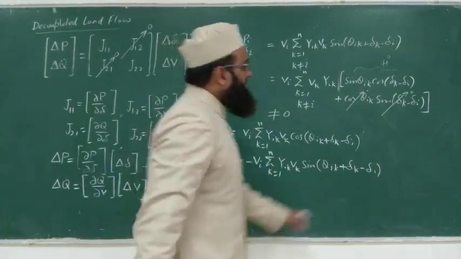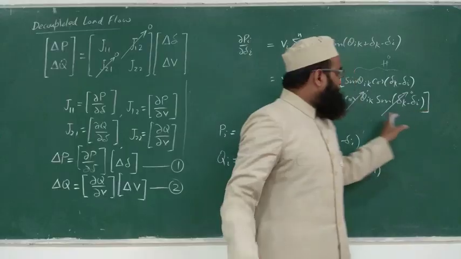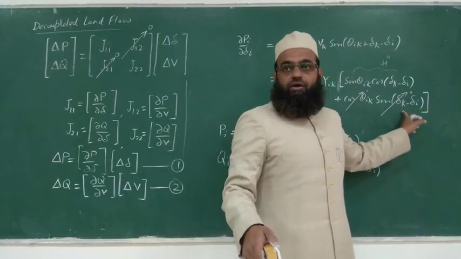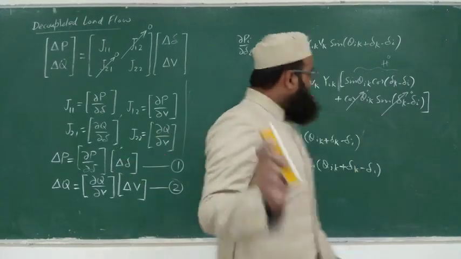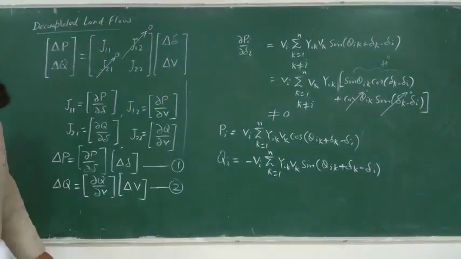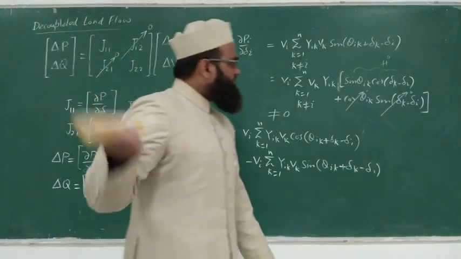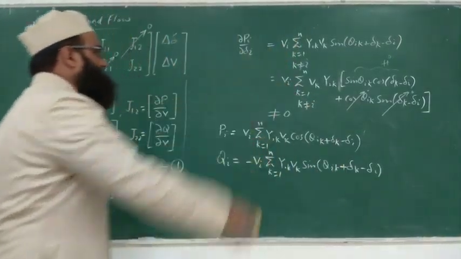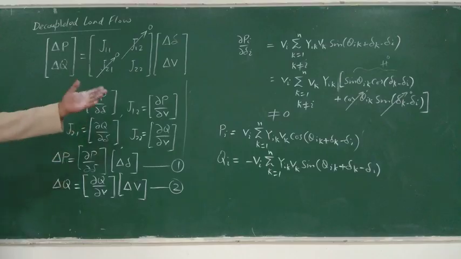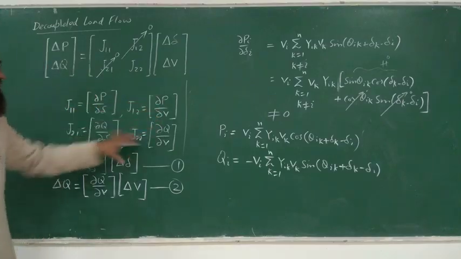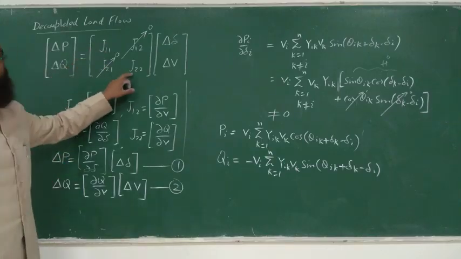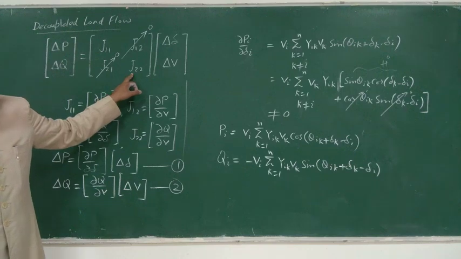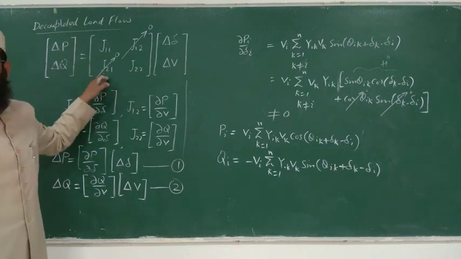And the second assumption is δ_k minus δ_i, wherever the sine of this comes out to be 0, and the cosine of that will be nearly equal to 1. It is a task for you, and you can see that lecture where it has been done in detail. For a sample we have just seen this. Similar can be observed for the others, all these three. So we will see that these two matrices J11 and J22 are non-zero and the remaining two are 0.